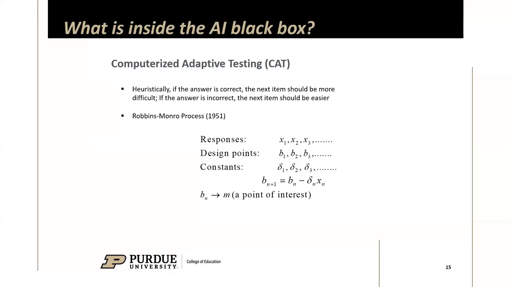B is a value: B1 is the first value, then the second value. So we try to manipulate the difficulty level according to whether we observe the 1 or 0. If the value is 1, we should increase the difficulty level. And the question is how much more difficult or how much easier, which should be governed by a formula so that you can use the computer to program it.